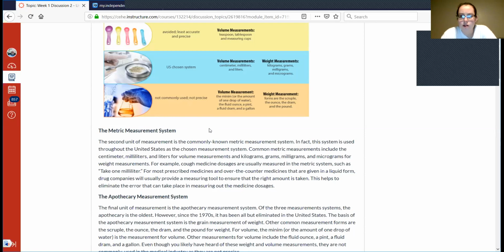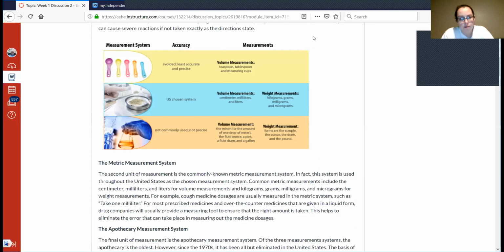You buy gas in gallons, not liters. You go to the store and you buy a quart of olive oil, not a liter. Actually, you probably buy liters these days because of international trade, but we never used to do that. We measure things in cups, not milliliters. But we do have to use what we call the household system, which basically is things that you have the ability to deal with in the home.